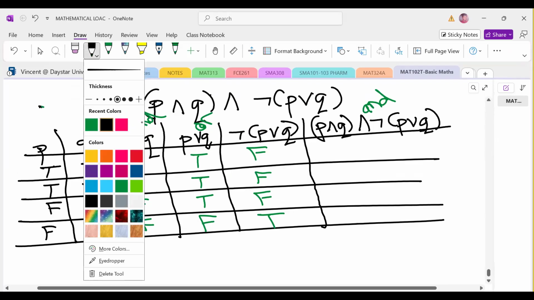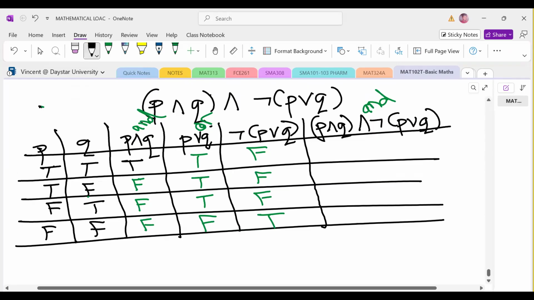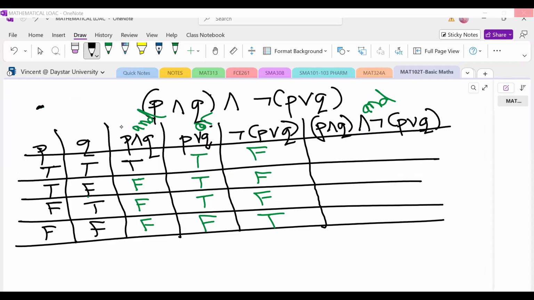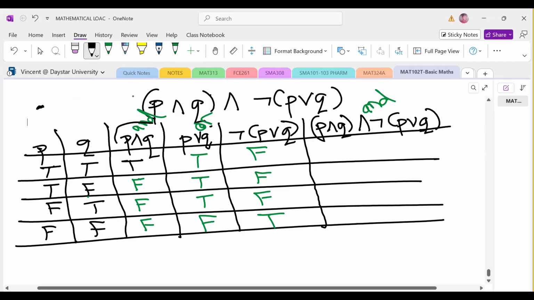So interpreting this column, and these are the columns. This column here and here, column 3. So this column and this column is what we are interested in. What will be the truth value of the first space?